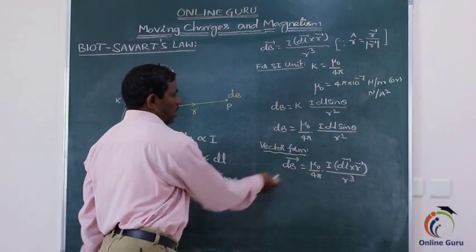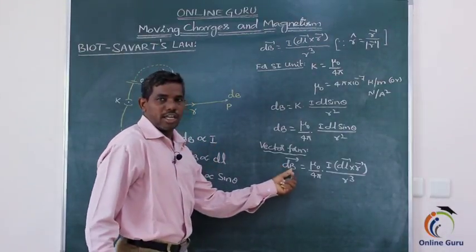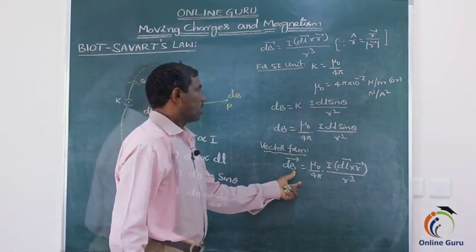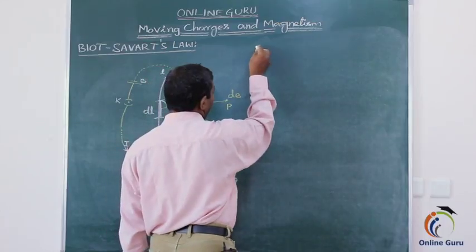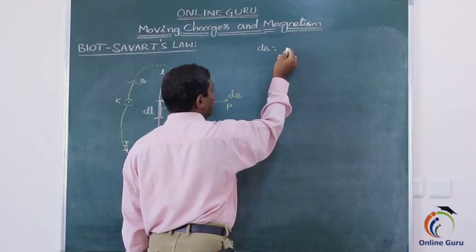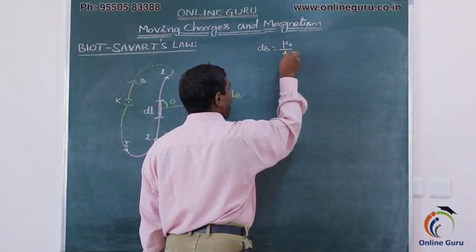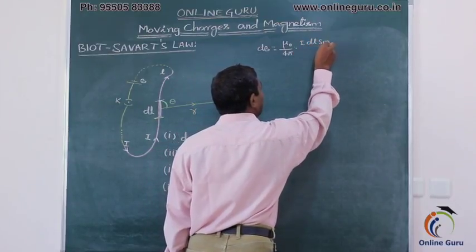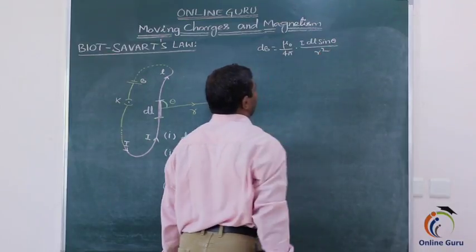This is the vector form of Biot-Savart's law in the SI system. The equation for Biot-Savart's law in the SI system has magnetic induction dB equal to mu naught by 4 pi into I dl sin theta divided by r square.